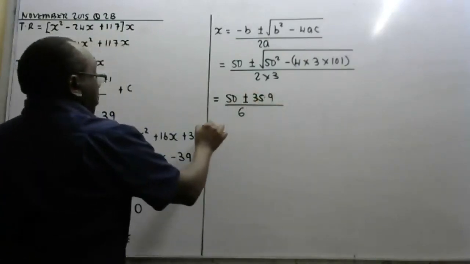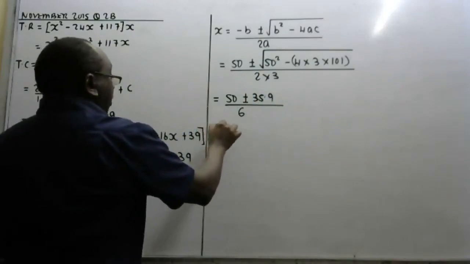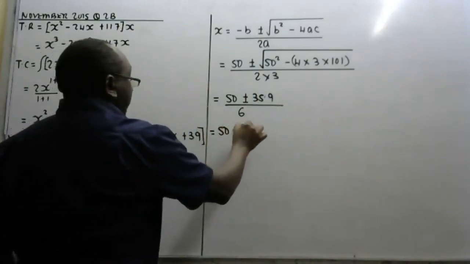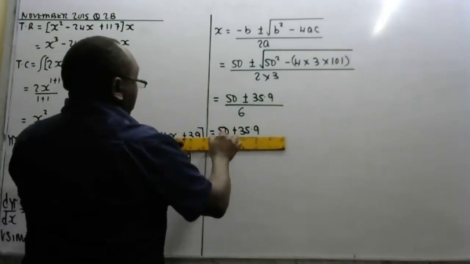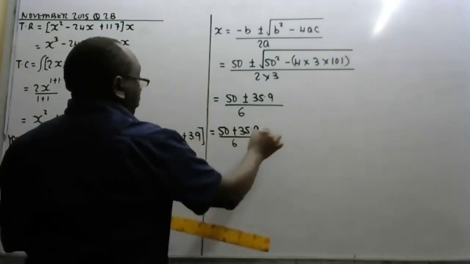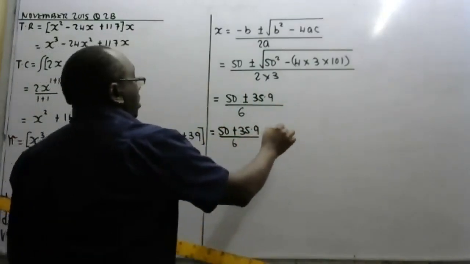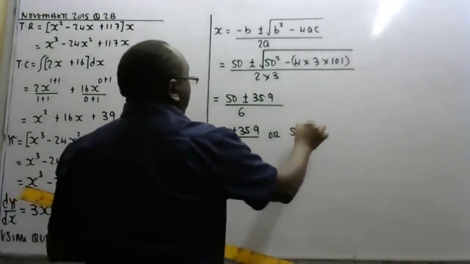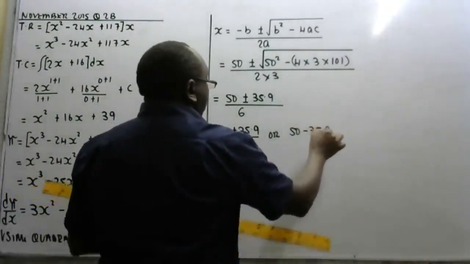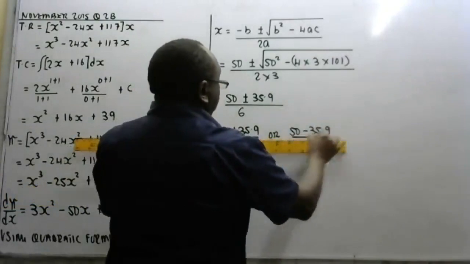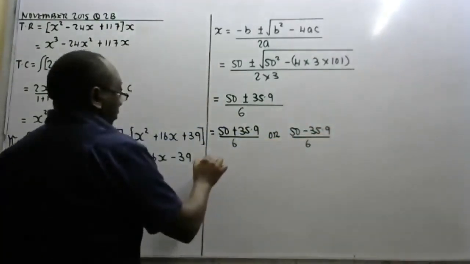This then becomes 50 plus 35.9 divided by 6, or 50 minus 35.9 divided by 6.